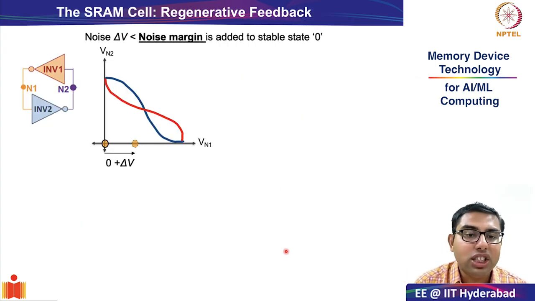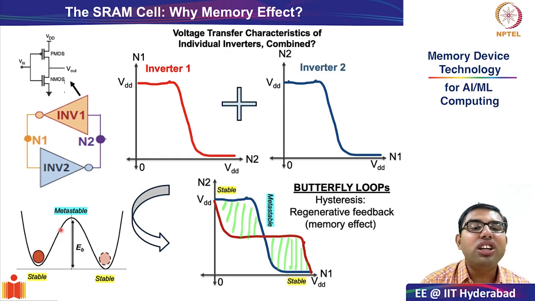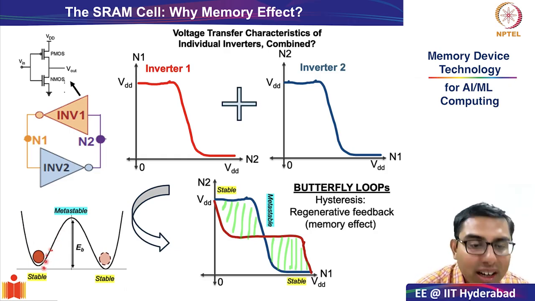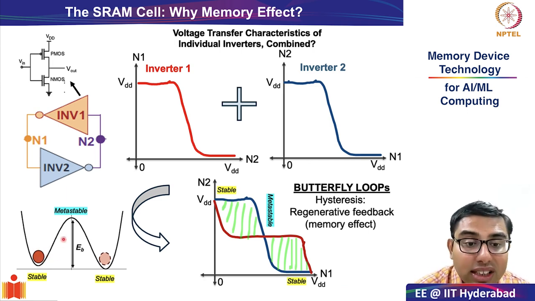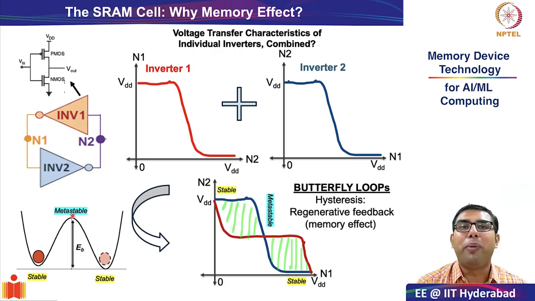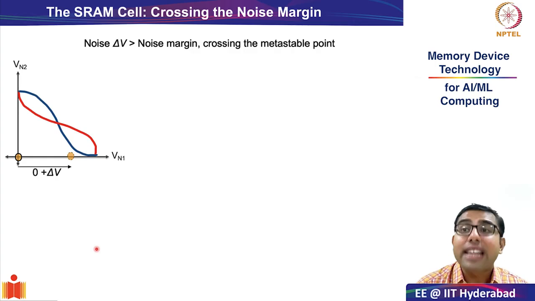What I mean essentially is, if I disturb this system only till an energy value less than EB, it will roll back after a few bouncing and come back over here. However, if I disturb it beyond the metastable point, there is a chance that the value will flip. And this is what we will see in the second graph.